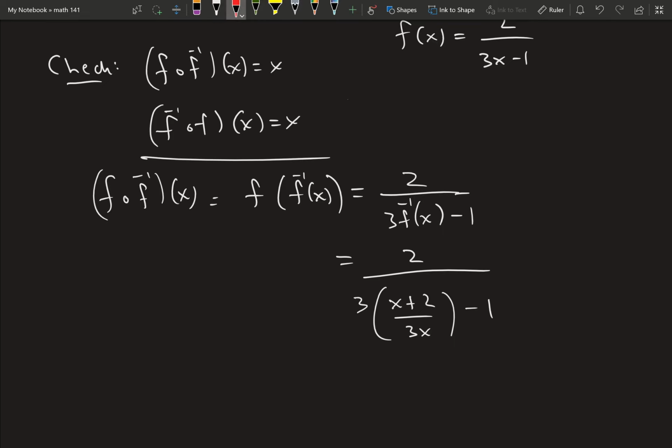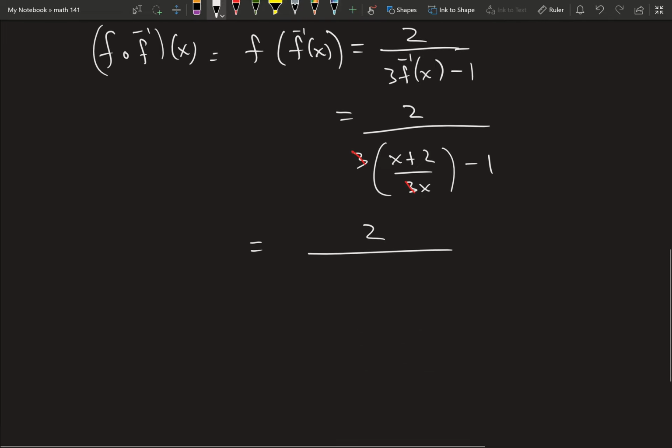So the 3's here cancel to get us just 2 divided by x plus 2 divided by x, and then minus, I'm going to put a common denominator by multiplying the top and bottom by x here. So what do we have?